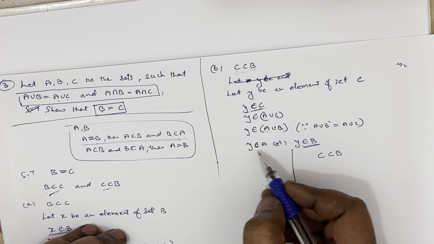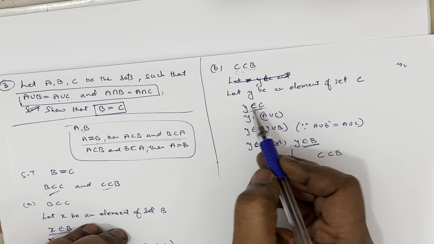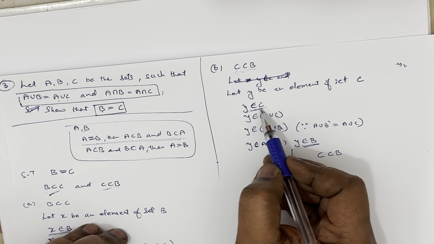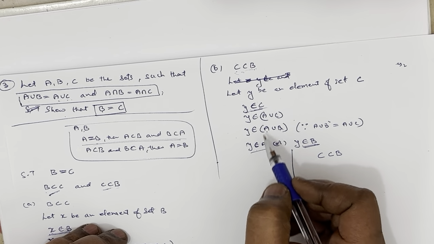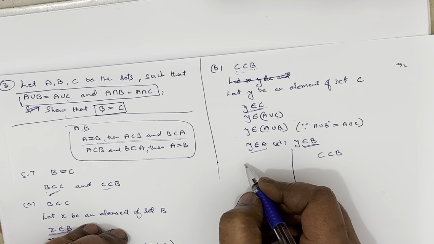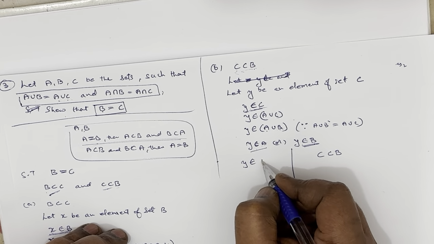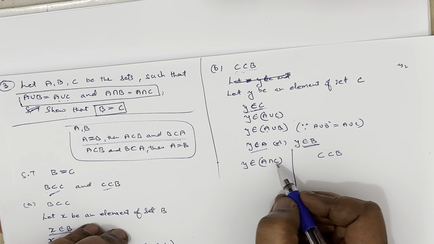And here in the other case, we have taken y belongs to C, and we got y belongs to A, so this element is common to both these sets. That means we can write y belongs to A intersection C, because intersection is the common element.